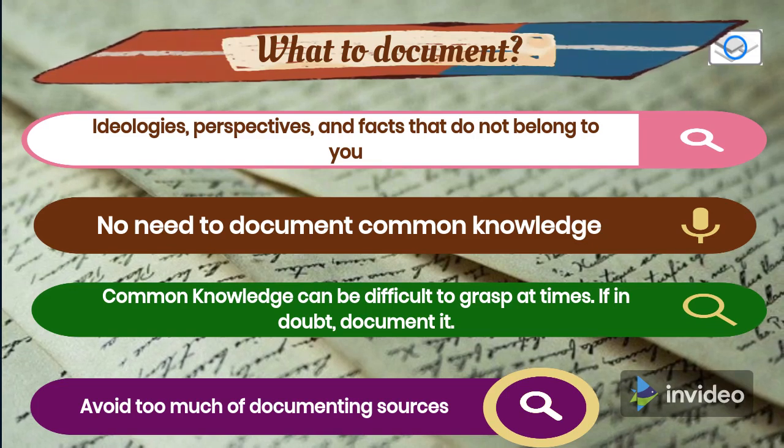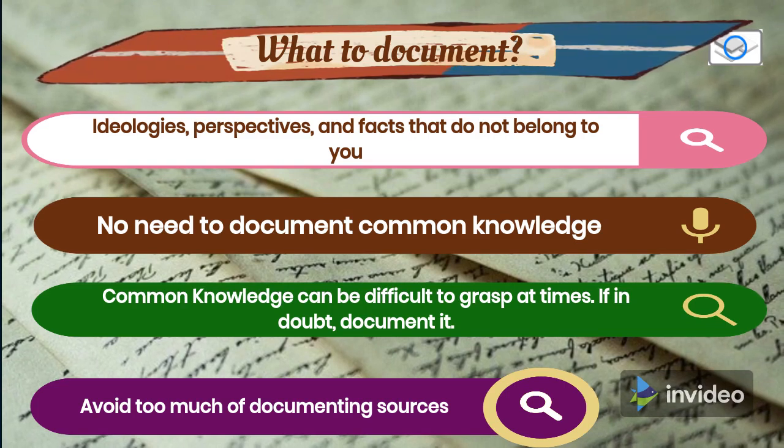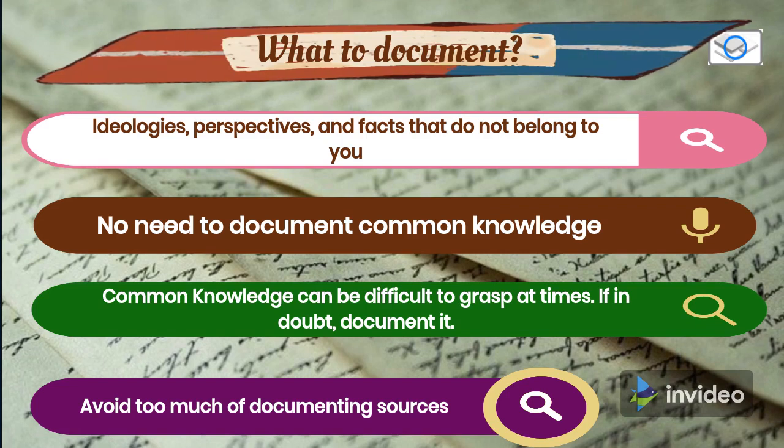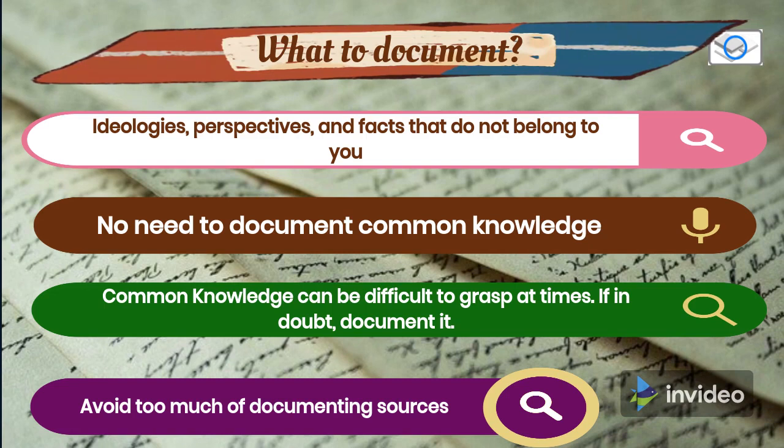If you find yourself needing to document almost every sentence, then it means you have not thought enough about your topic to develop your own ideas. A paper should not just be a collection of other ideas and facts. Sources should only support or substantiate your ideas.